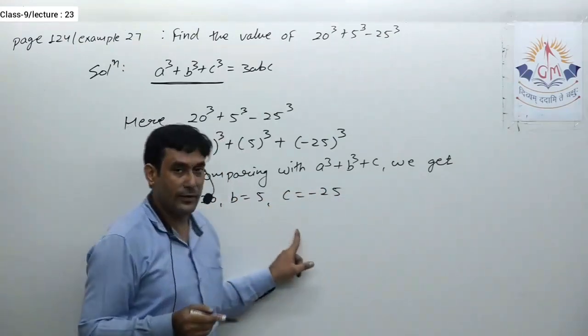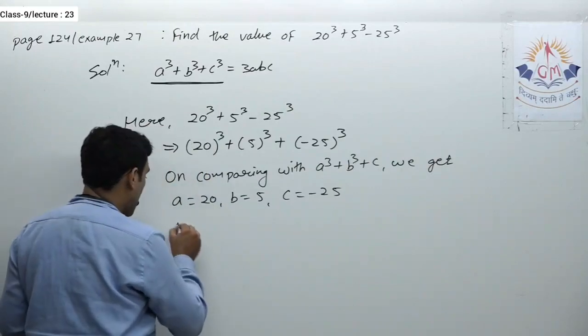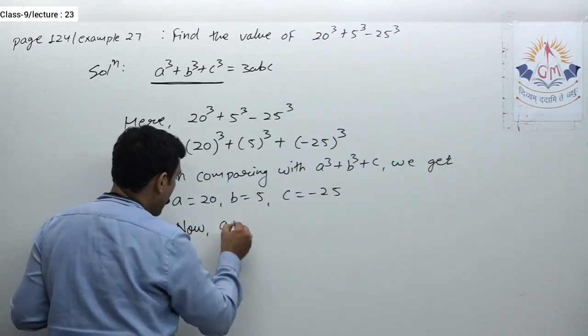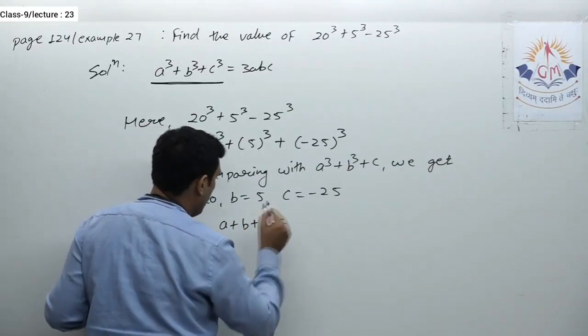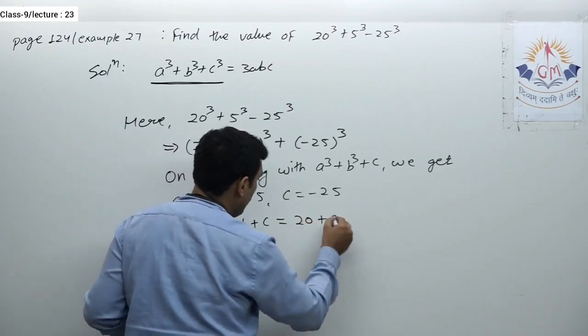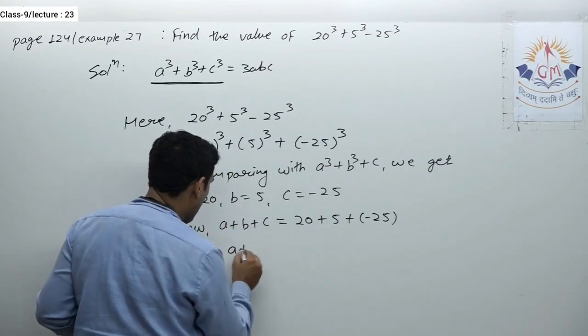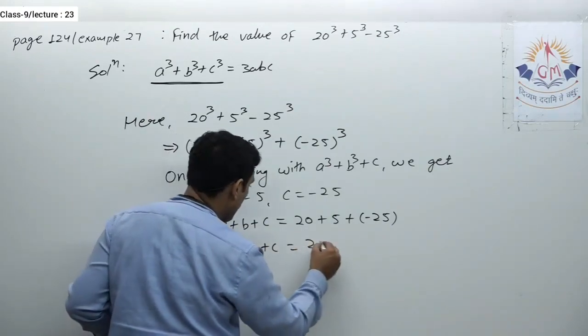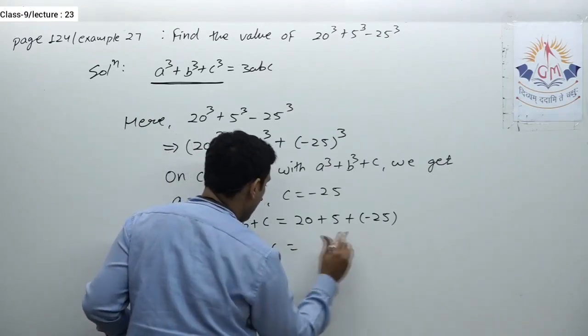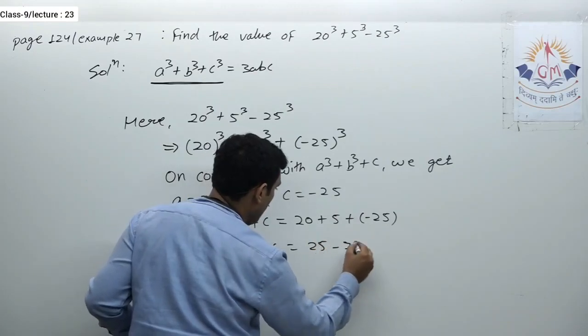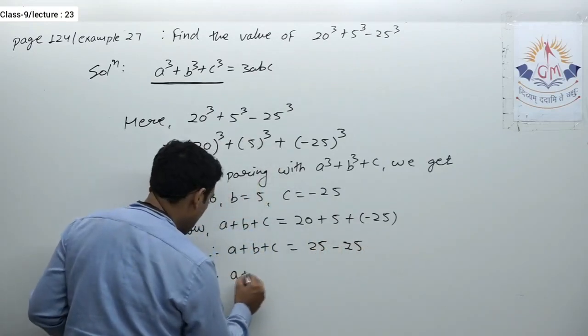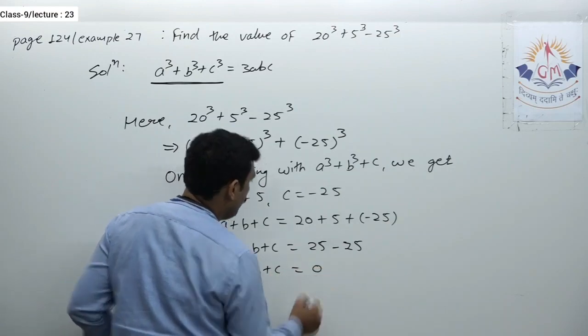Now we have to check whether their sum is 0 or not. So now A plus B plus C is equal to 20 plus 5 plus minus 25. Therefore A plus B plus C is equal to 20 plus 25 minus 25. Therefore A plus B plus C is equal to 0.